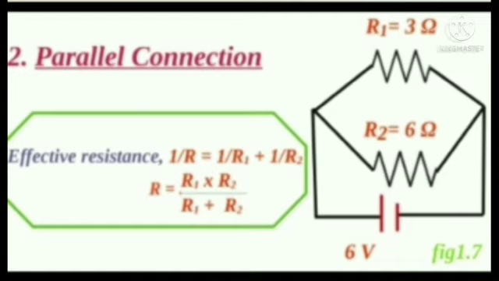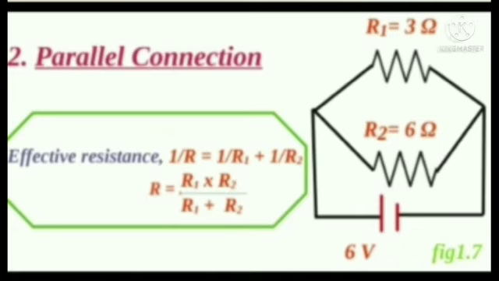Next we discuss parallel connection. In the figure, two resistors are given, R1 and R2. It is not like series connection. R1 and R2 are connected in parallel, not one after the other. In this case, the effective resistance can be calculated by the equation 1 by R is equal to 1 by R1 plus 1 by R2.